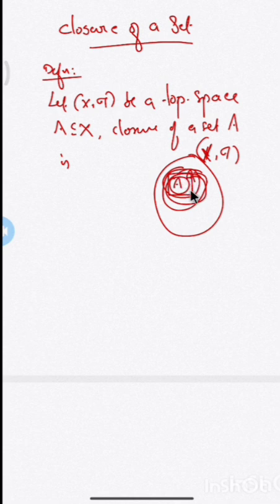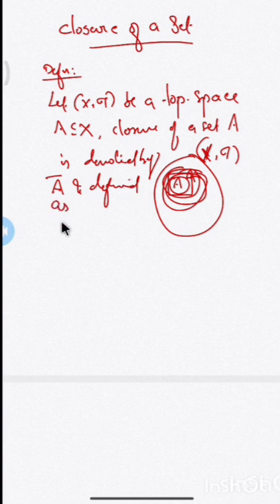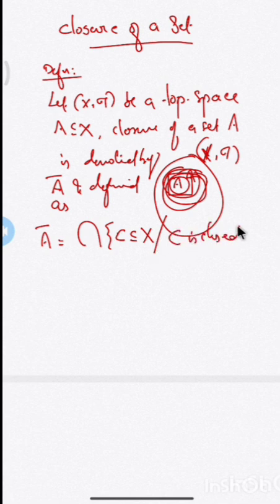Then that intersection is denoted as the closure of the set, denoted by A bar, and defined as A bar equals the intersection of all C subset of X such that C is closed, and C contains A. First of all, it should be a closed set, and A is contained in C. So we are considering closed sets C in the topological space X which also contain A. Then you consider the intersection of such sets.